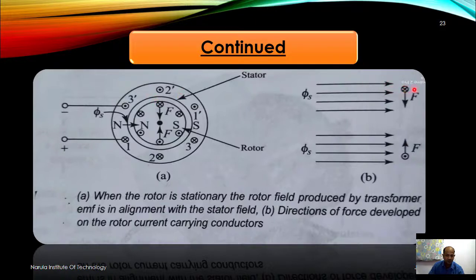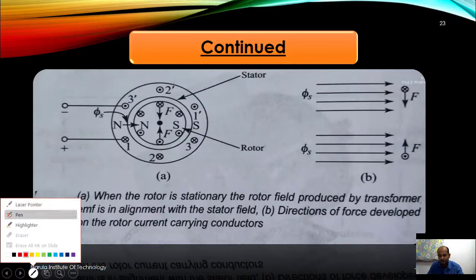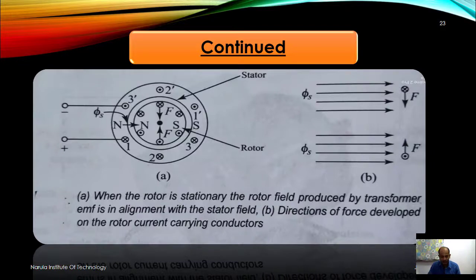If we use our corkscrew rule, for cross current the arrow is going inside, and suppose this is my dot current.